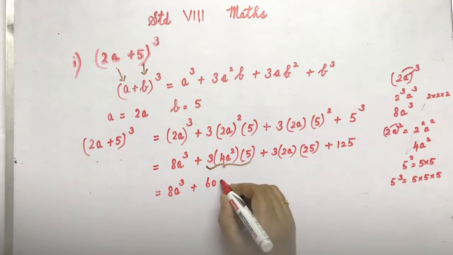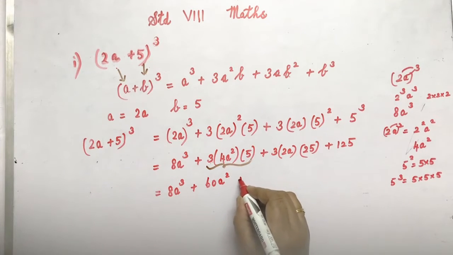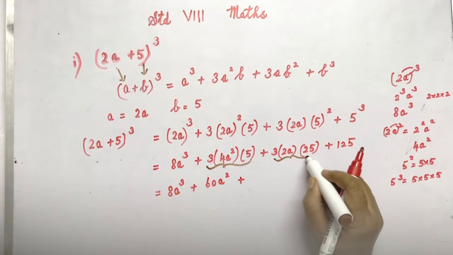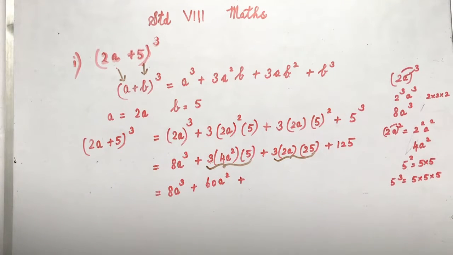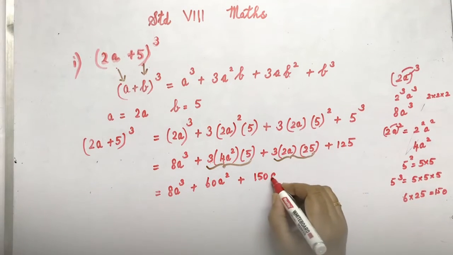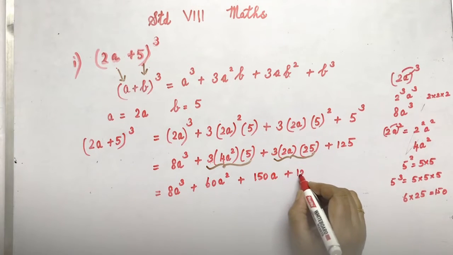Then we have this a squared plus, and here also we have to multiply this fully. So 3 into 2 is 6, 6 into 25 we should multiply. So 5 sixes are 30, balance 3, 6 twos are 12 plus 3, 15. So 150 is the number, variable is a, plus 125.